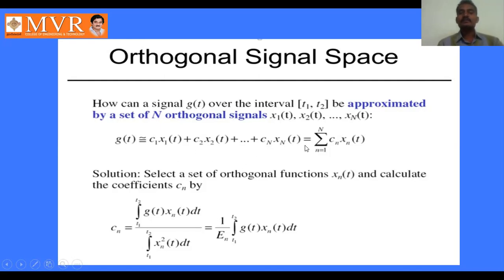The summation can be represented as sigma n equal to 1 to capital N of cn xn(t). Is it clear?